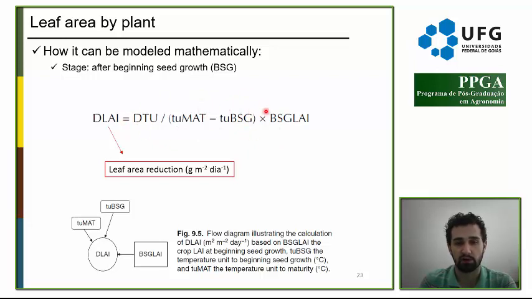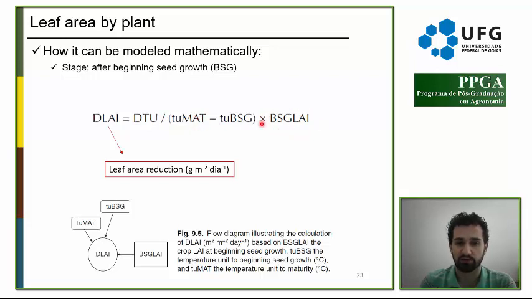Based on how many days I have for this period, I will define the daily reduction so that when I reach maturation, the leaf area index will be 0.